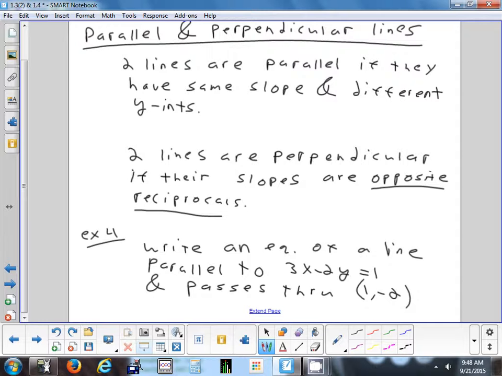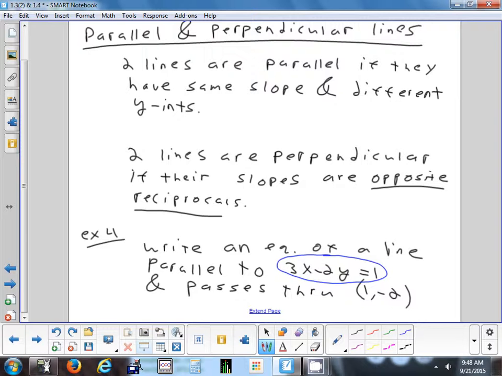All right, so if you had a problem like this, it says write an equation of a line that's parallel to that and passes through that point. Well, if you're going to find an equation that's parallel to this, what's the very first thing you have to know about what I just circled? Yeah, it's actually y equals mx plus b. Why would you want to write that in y equals mx plus b?